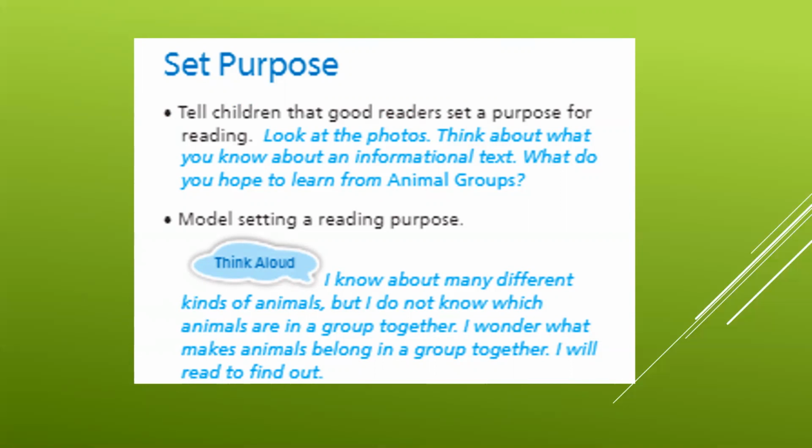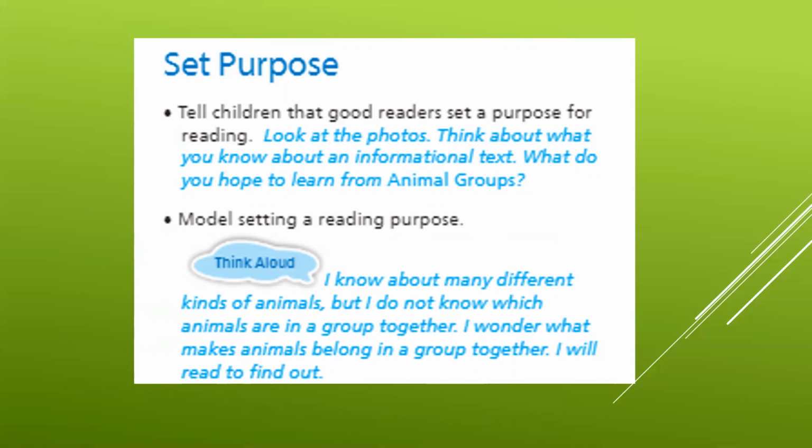Again, all of us know the names of the animals, some information about the animals, but not all of us know how these animals belong in one group, or what are the kinds of the animals that I can put in one group together. This story will give us information about this.